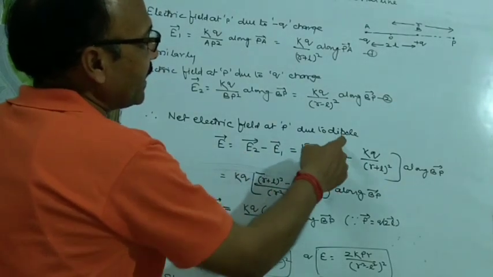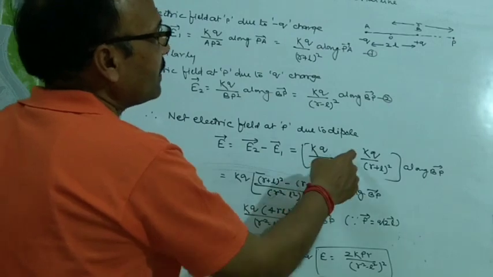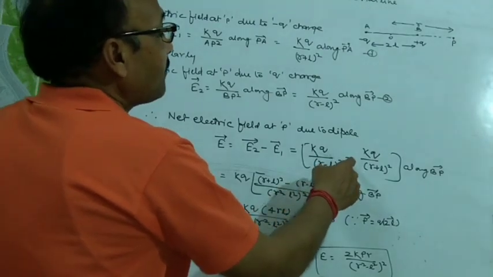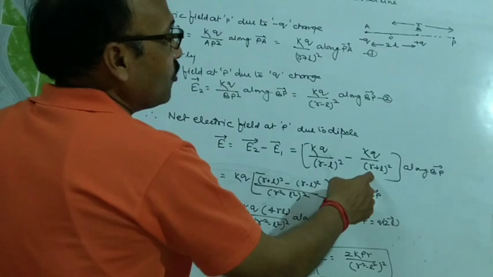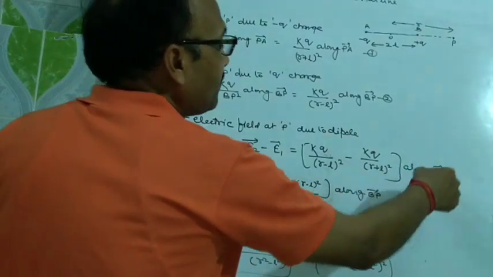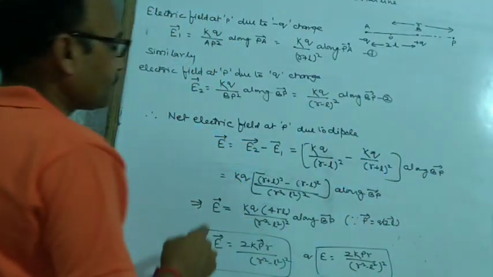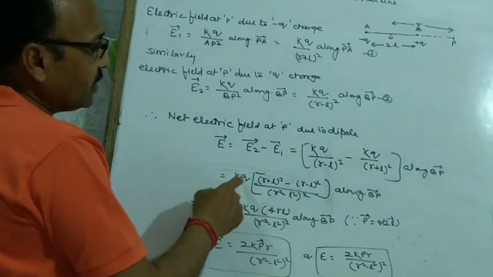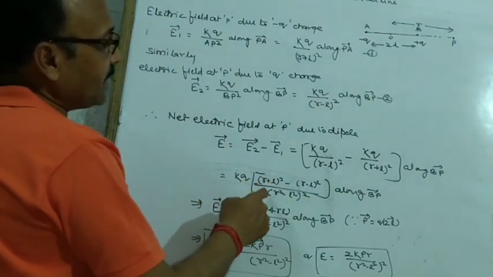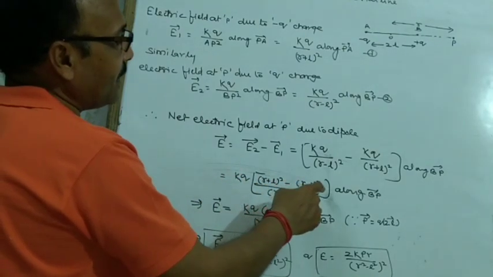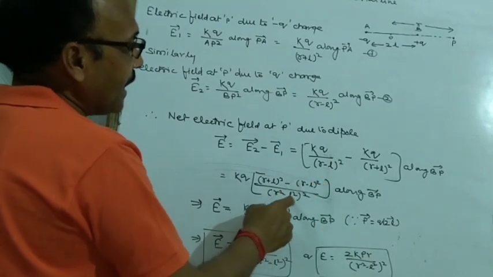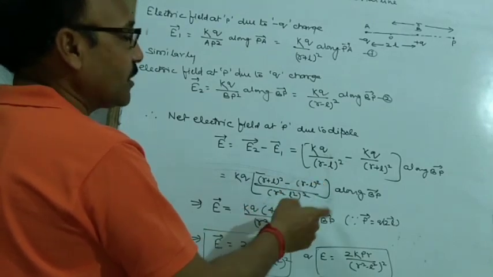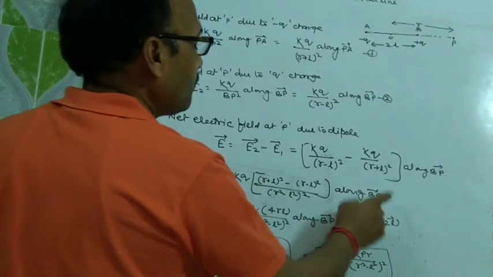Put the values: kq upon (r minus l) whole square minus kq upon (r plus l) whole square, and direction will be along the greater vector. So this is equal to kq times [(r plus l) whole square minus (r minus l) whole square] upon (r square minus l square) whole square along BP.